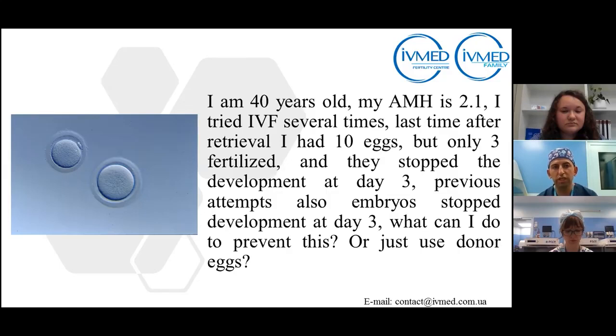Of course, in this case, we can shorten this interval to give more possibility for the energy activation, and we can use artificial calcium treatment to give more potential to oocyte development.